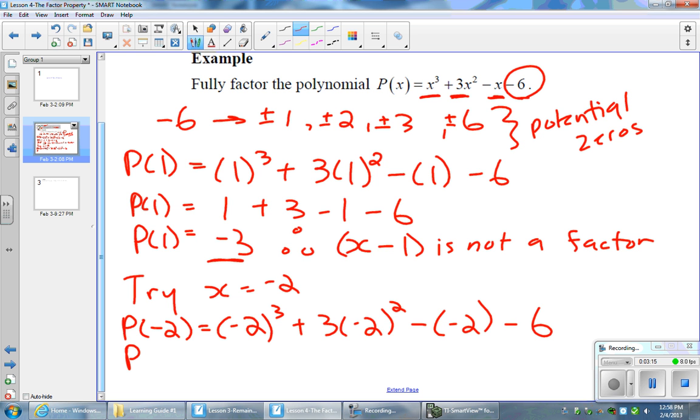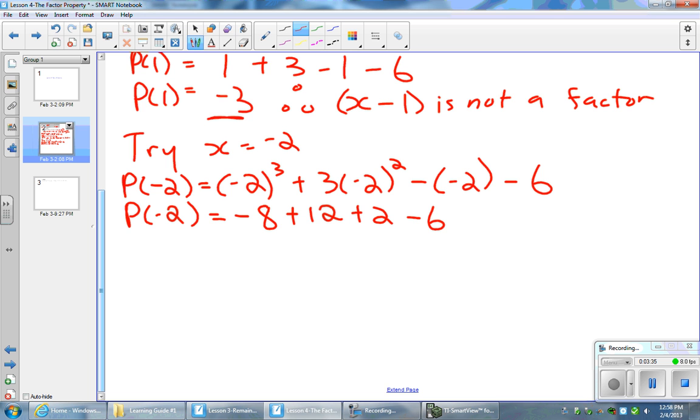So let's evaluate even further here. P of -2 is, -2 cubed gives me a -8. 3 times a -2 squared gives me a +12. And a minus -2 gives me a +2, and finally a -6. Now, if I add all these numbers together, I get P of -2 is equal to 0.